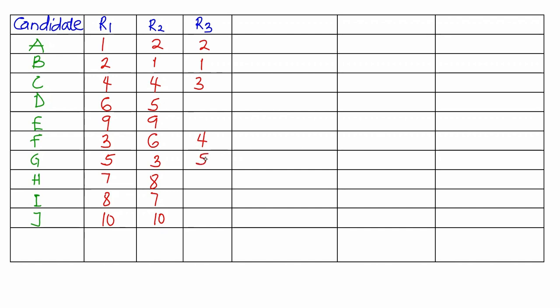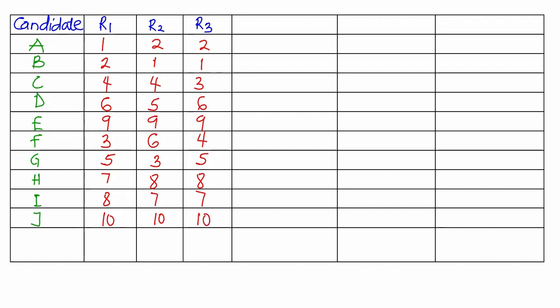And then D was the 6th rank, so we write 6. And then I was the 7th rank, so we write 7. And then H was the 8th rank, so we write 8 here. Now E was the 9th rank, so we write 9. And then J was the 10th rank, so we write 10.